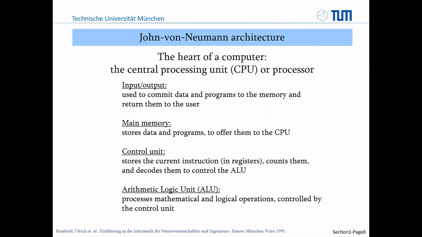It's split into control unit and arithmetic logic unit. It stores the current instruction in registers, counts them, and decodes them. So it processes the data in the way that each command is processed step by step, and it commands the arithmetic logic unit so that the calculations and also the comparisons are done. So this you should keep in mind.